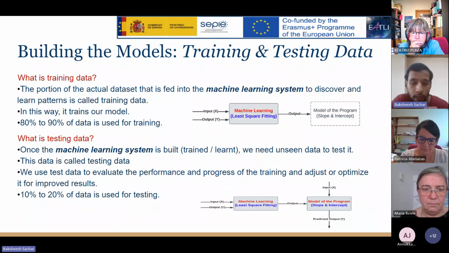So once the machine has been trained on how a human face looks like, being told thousands and thousands of times, the rest of the 10 to 20% data set is used for testing: is it performing correctly, is it working on the input that we've given? If I give a blurry image of a face to it, will it be able to recognize it? If I give an image of half a face of a person, is it able to recognize it? That is how the data is being tested to evaluate its performance.